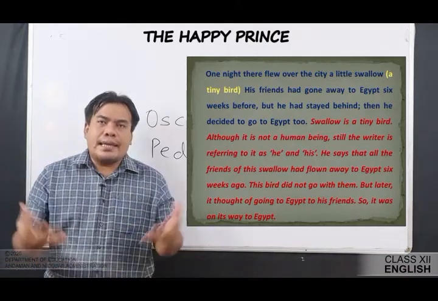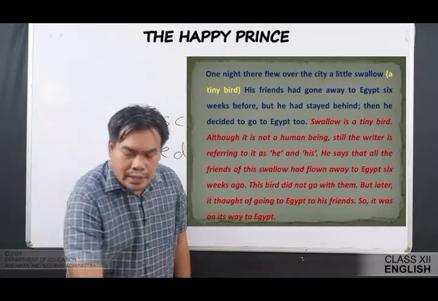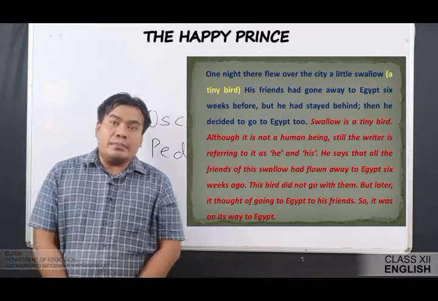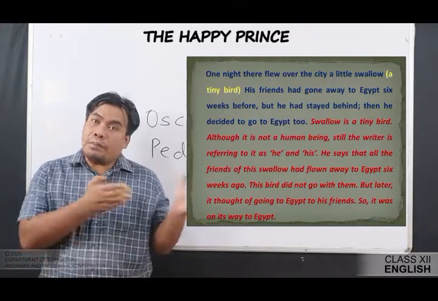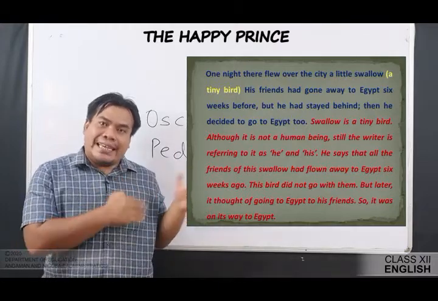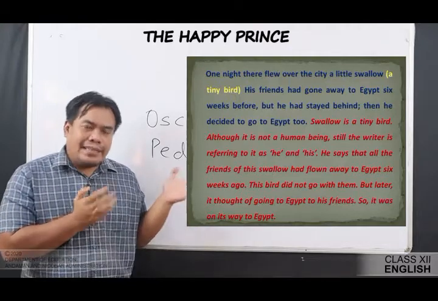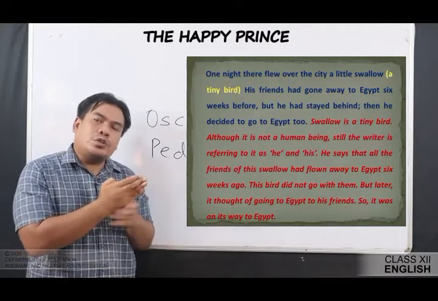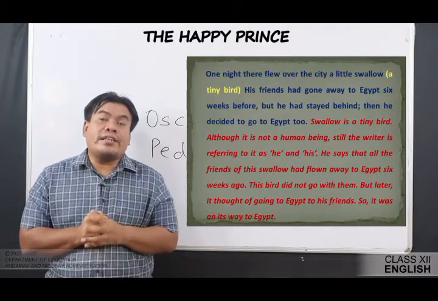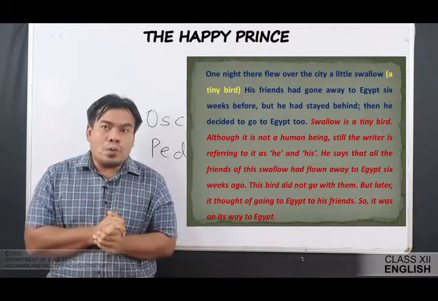Now let me just give you some description about the swallow, that is the bird. Swallow is a tiny bird. Although it is not a human being, still the writer is referring to it as he and his. That's what I told you, right? His is referring to the bird, the swallow. He says that all the friends of this swallow had flown away to Egypt 6 weeks ago.